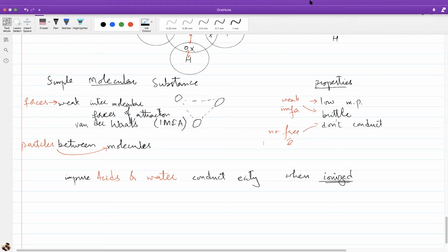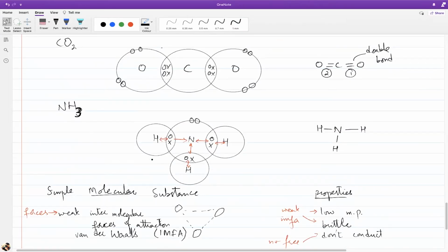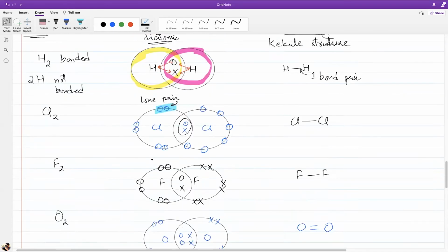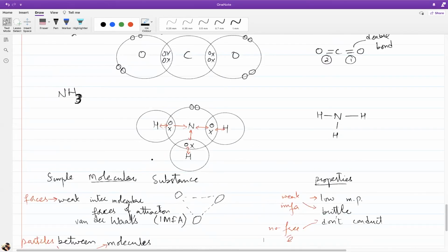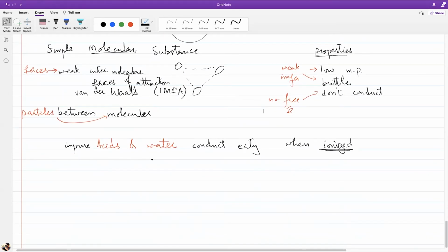But here's the thing, not all molecules act like this. ये तो molecules हैं, ये इस तरह से behave करते हैं. इनके पास free electrons नहीं होते, इनके अंदर बीच की weak forces of attraction होती हैं, और इनके particles वो molecules हैं which are independent of each other, जिनको हम dot and cross structure से बनाते हैं.